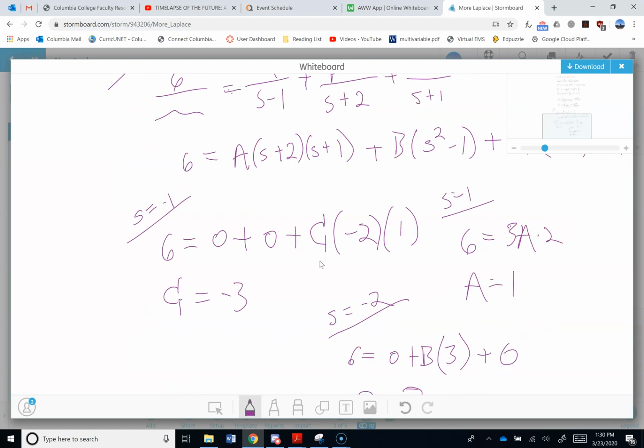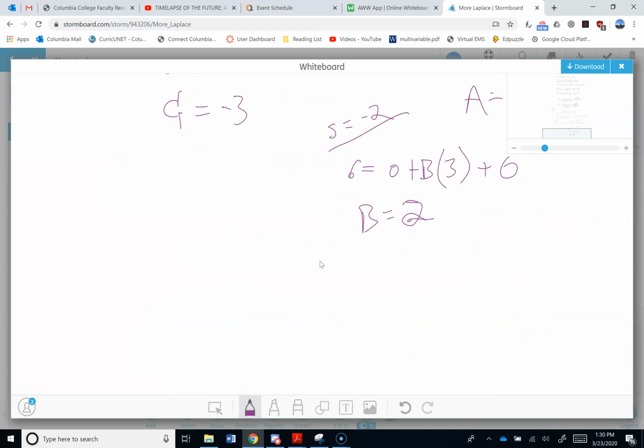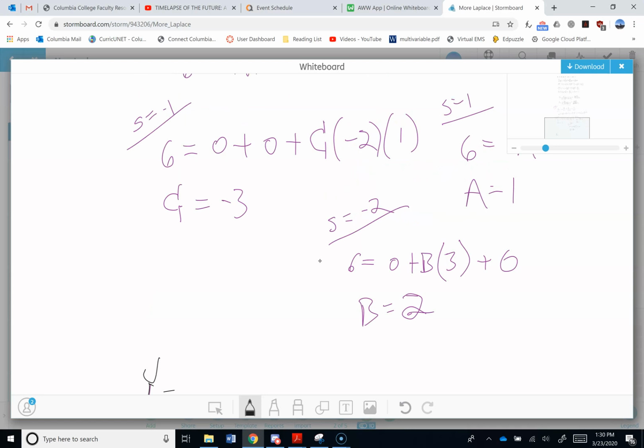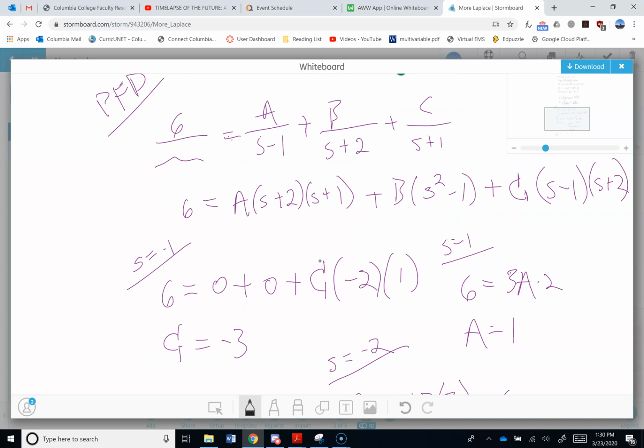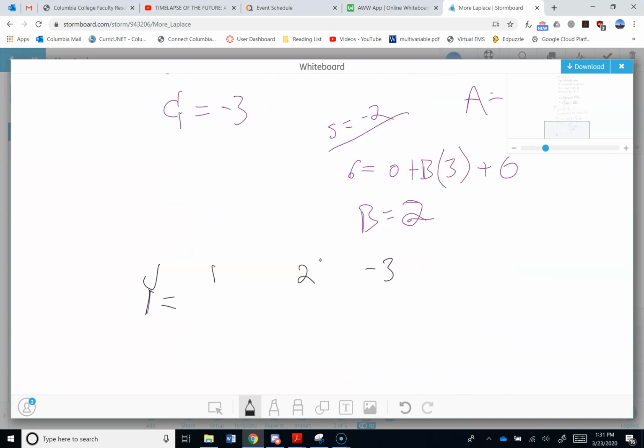Okay, cool, yeah, you're good. All right, so I PFD'd that, and now I had, going back to black, y was 1, 2, and negative 3, over minus 1, plus 2, plus 1.